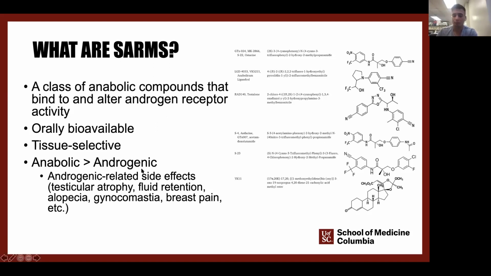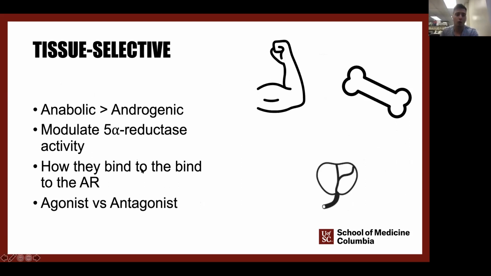All right, so again, I want to hammer this point home because it's really important to how they work and to the advantage of these compounds. They're tissue selective. I just talked about the anabolic versus androgenic effects of these compounds, so I'll start by talking about how they can do this.